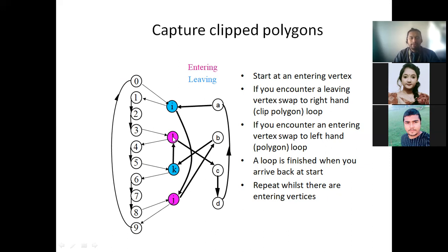If you encounter any entering vertex, then you go to the left-hand side, that means your polygon loop side.